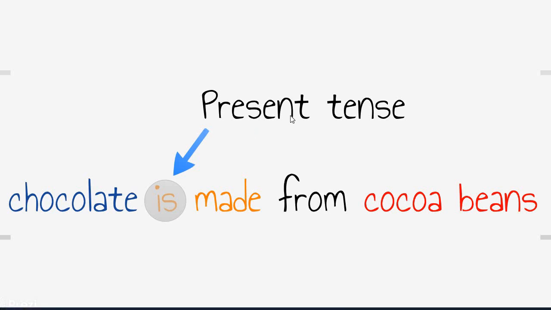When I want to put this active sentence to be passive, in the present tense, I have to put verb to be in the present, is or am or are, and then I follow it with the same verb make, but I put it in the past participle. So I can't say make because make is present. I have to say it in the past participle. Make in the present, made in the past, made in the past participle. Make, made, made. So I put it as past participle.